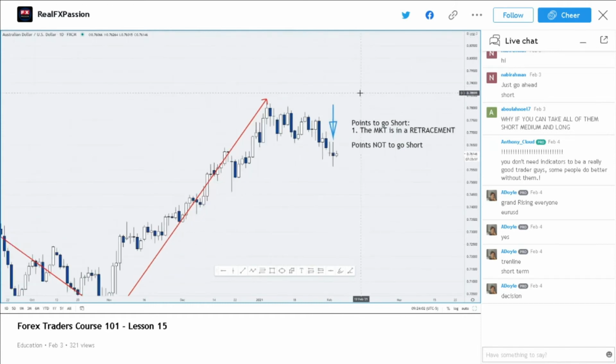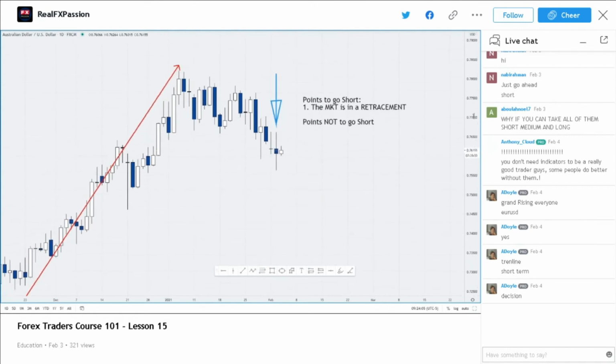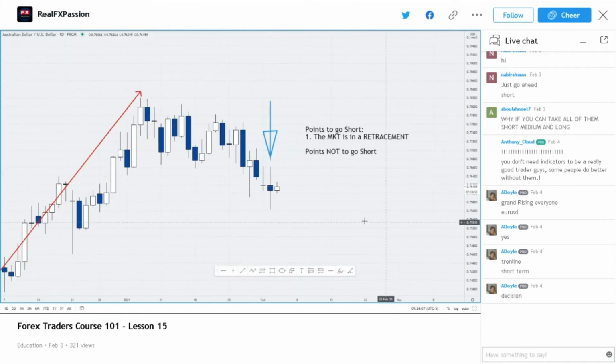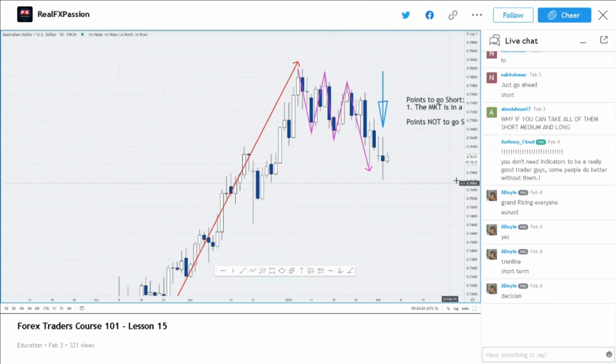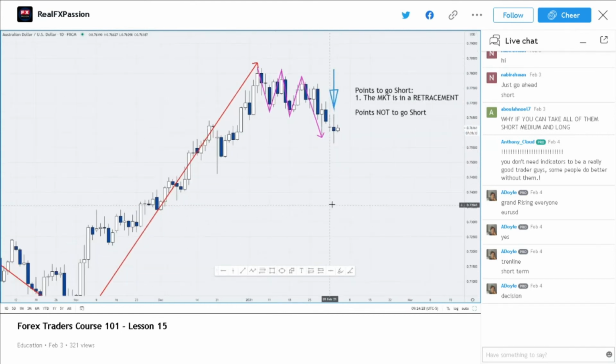Everybody, before we go short on the 4-hour time frame, do we agree that the market is in a retracement? The market stopped making higher highs, higher lows, and it's making lower lows, lower highs. Agreed? You can say, no, I don't agree. Not a problem. We are here to learn. There is no right or wrong. You can say, yes, I agree. You can say, no, I don't agree. You can say, I don't understand.